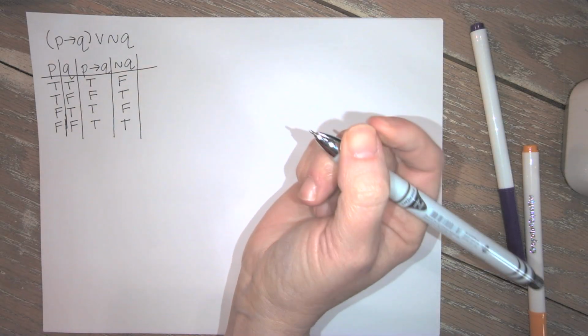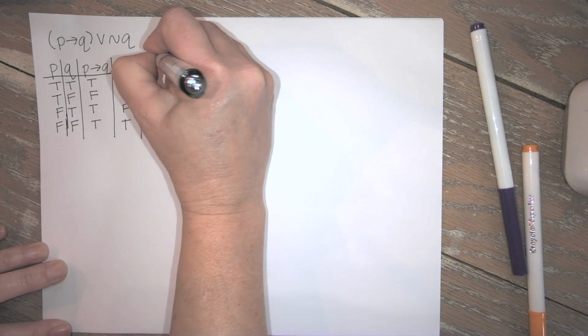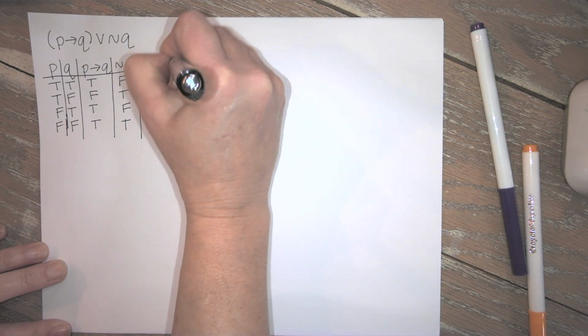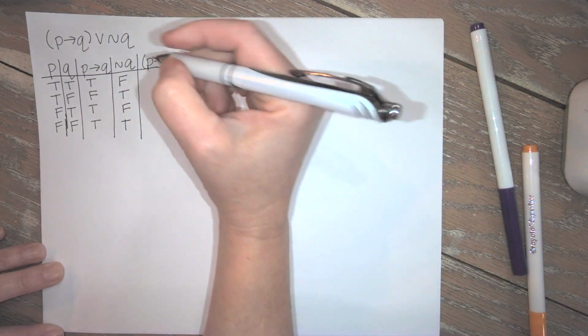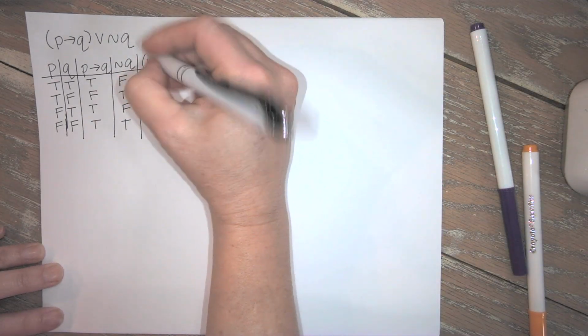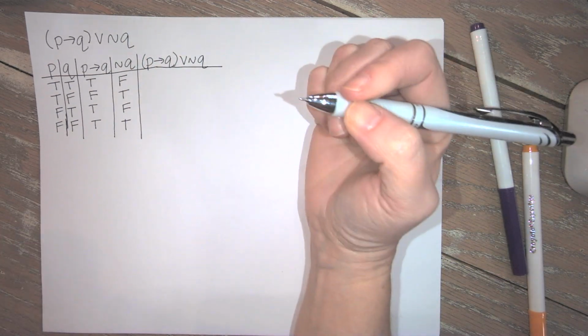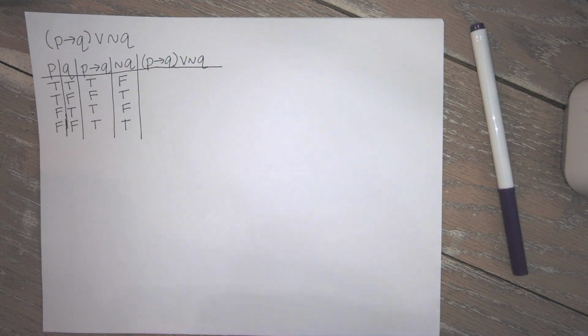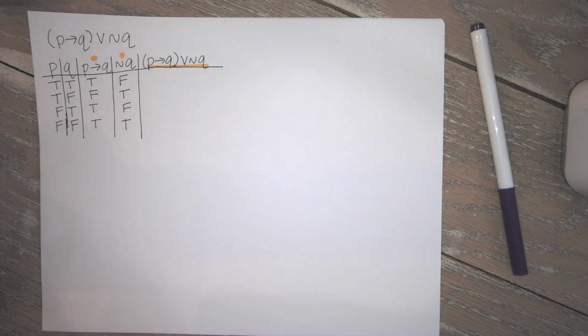And then I can build my final column for my statement here. Sorry, this truth table got a little janky. All right, if P then Q or not Q. Okay, so I'm looking at these two joined by or.